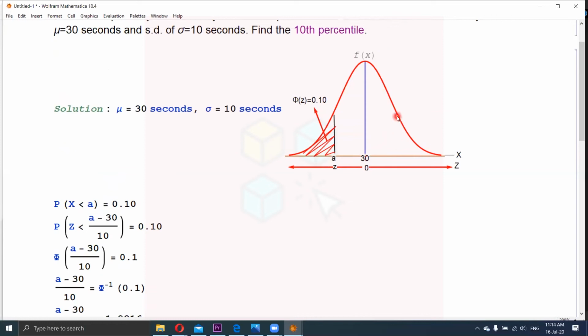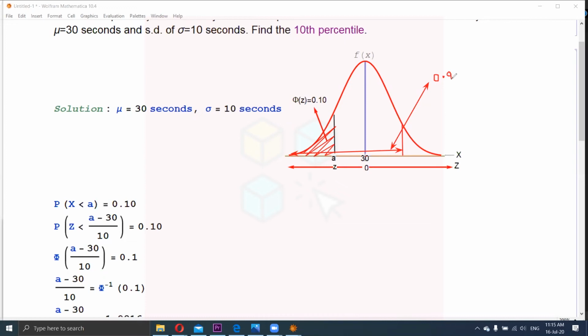So the shaded area will be increased, and it will be now, for example, the point is now here, and the whole shaded area starting from minus infinity to this point will be included, and this shaded area is 0.9, and we will solve the same pattern to get the point, and the probability will be used as 0.9.